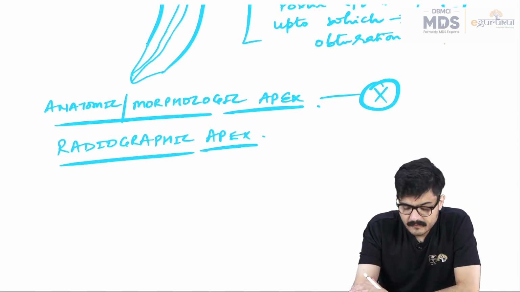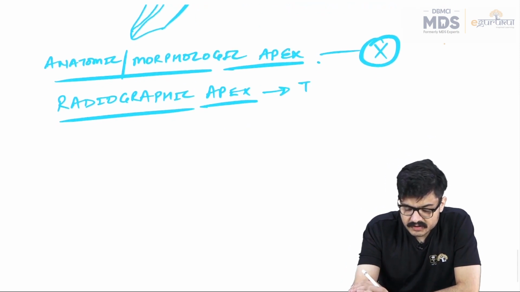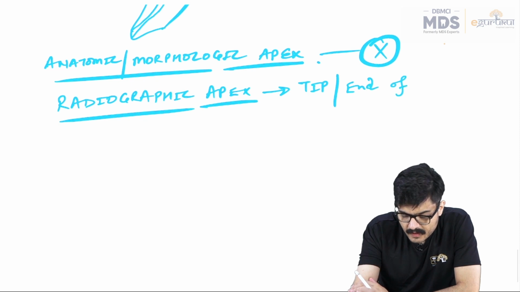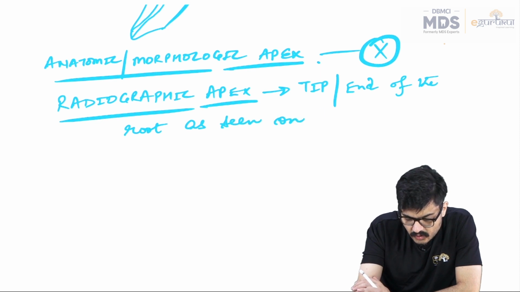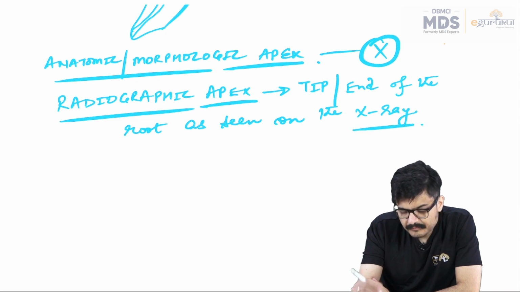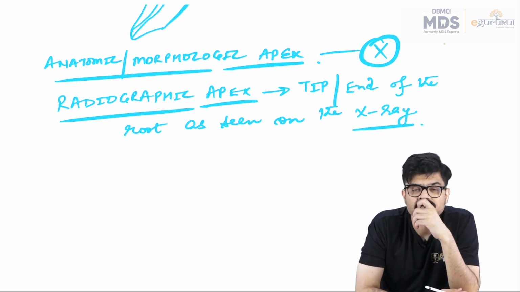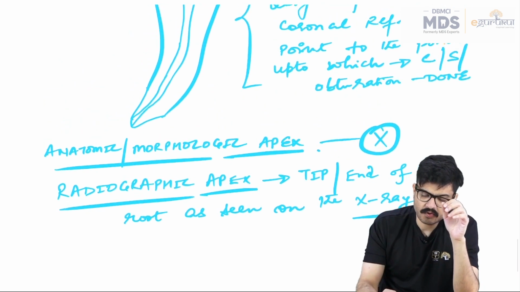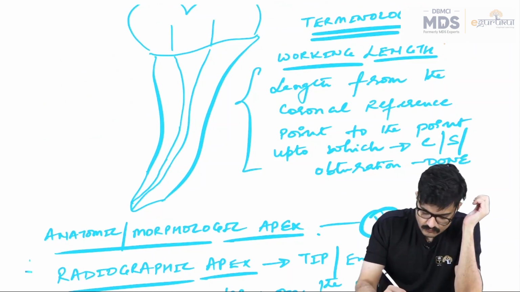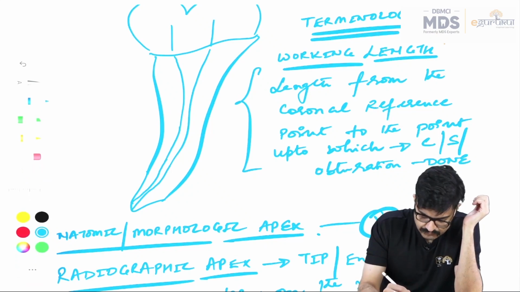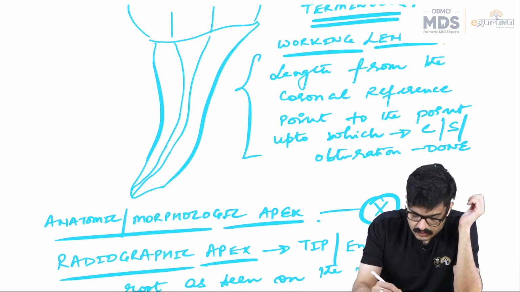So that's the end or the tip of the root as seen on the X-ray film. Right, friends? So in this case, what is going to be the radiographic apex here?